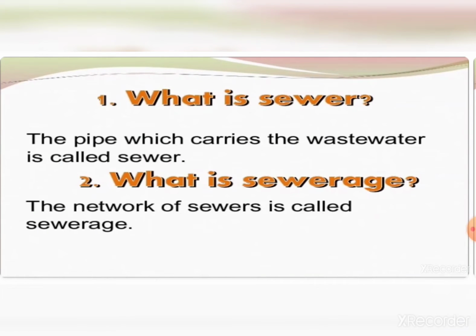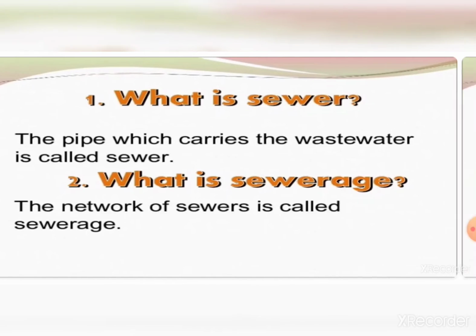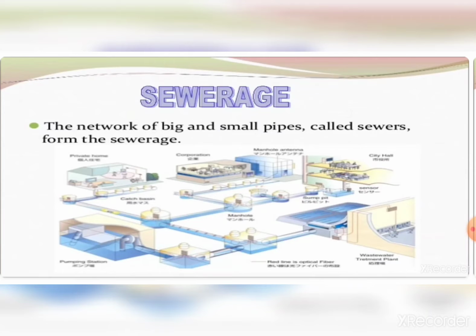What is sewer? The pipe which carries the wastewater is called sewer. So what is sewerage? The network of sewers is called sewerage. The network of big and small pipes called sewers form the sewerage. As you can see, the blue colored pipes which are coming out of every building and are forming a network.